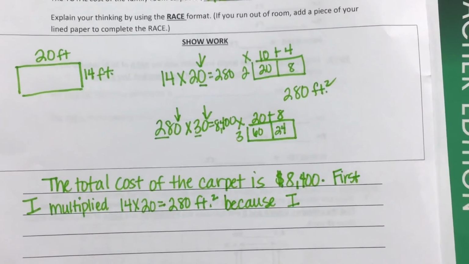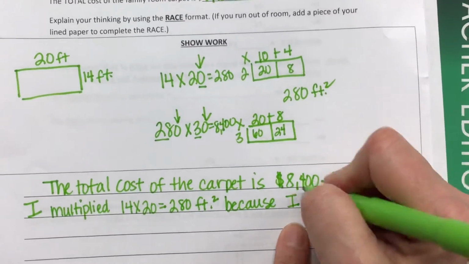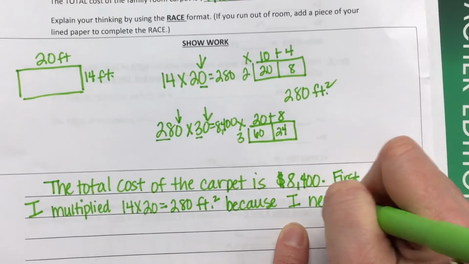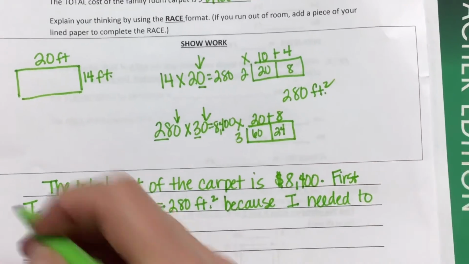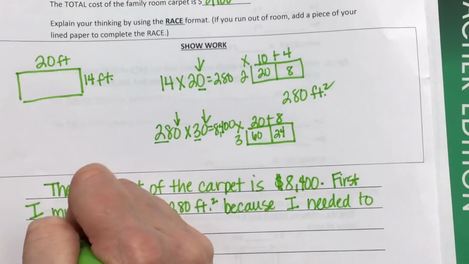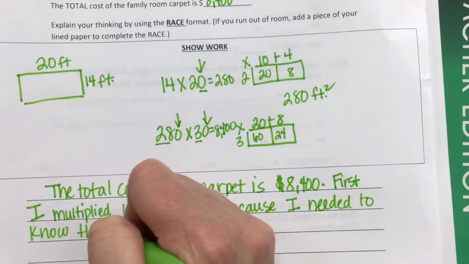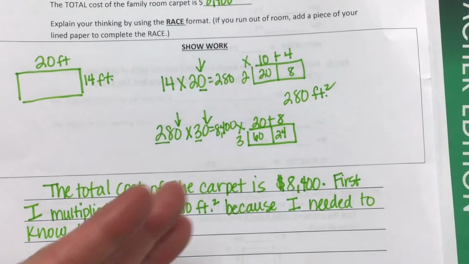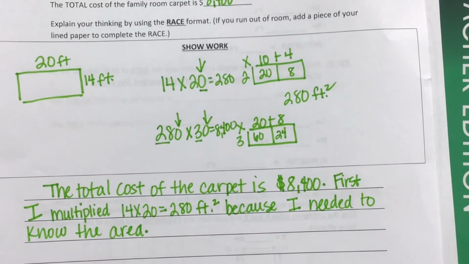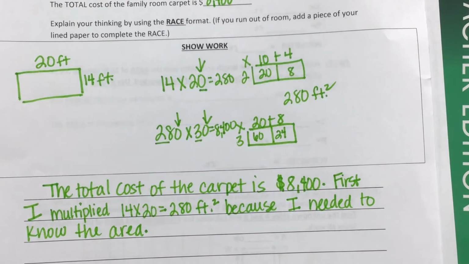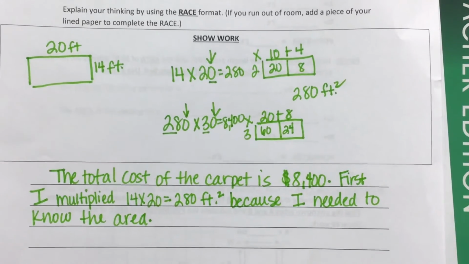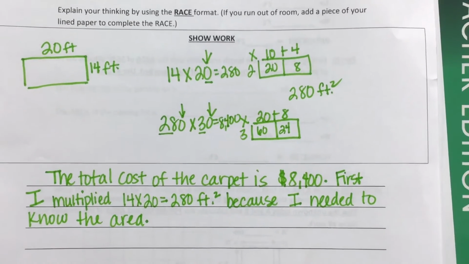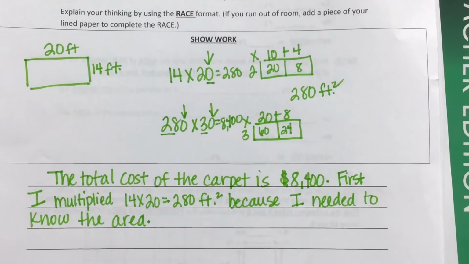I think we can shorten that on this one and say because I needed to know the area. And I think that if you say the equation and you say you're finding area, the iLearn graders would say, oh, they know how to find area. They did length times width. So I think that's enough.